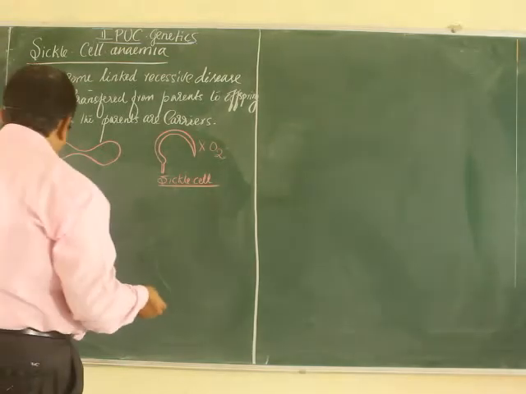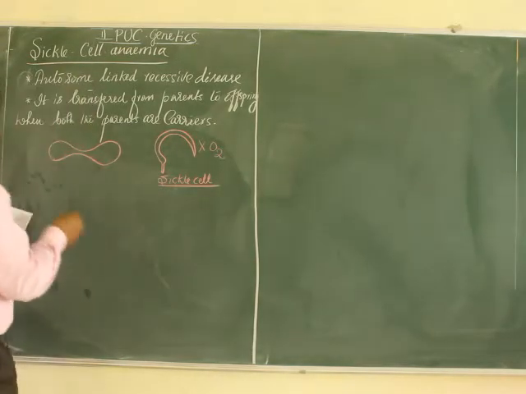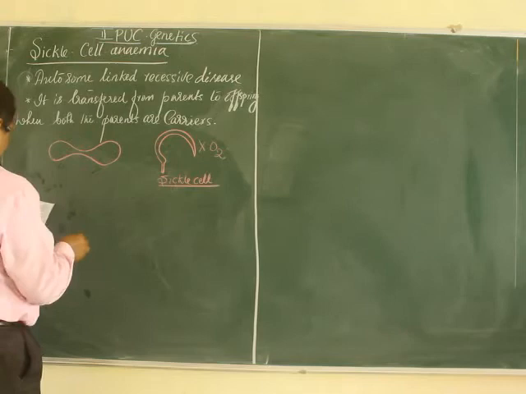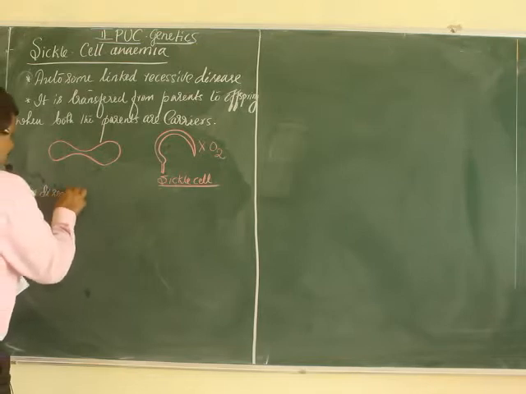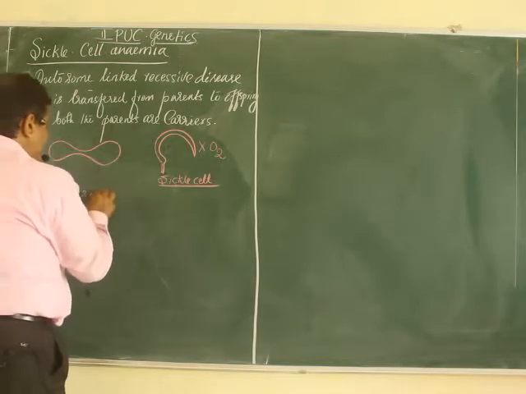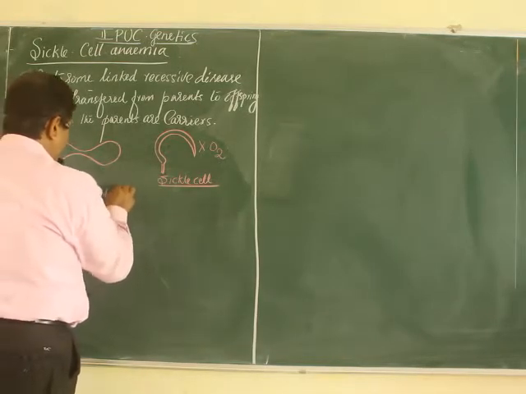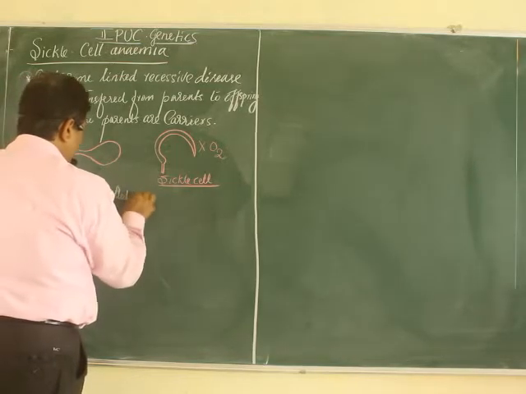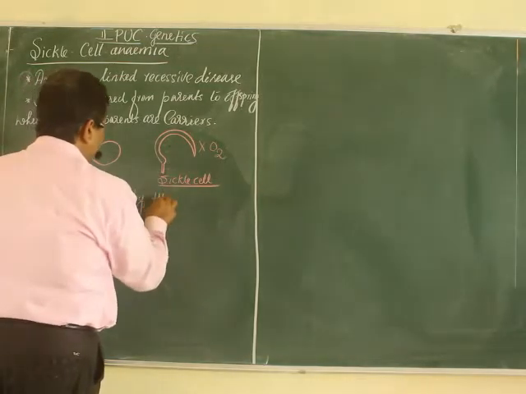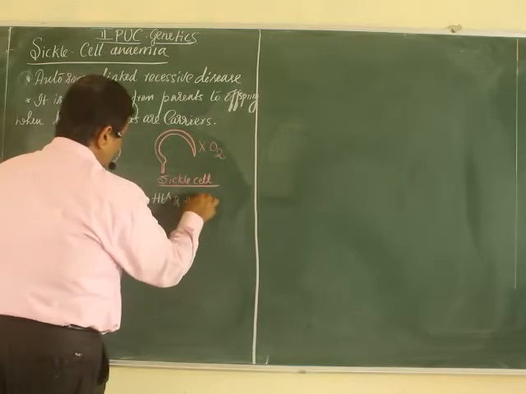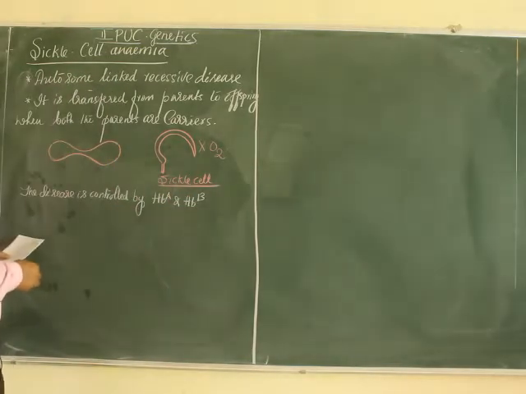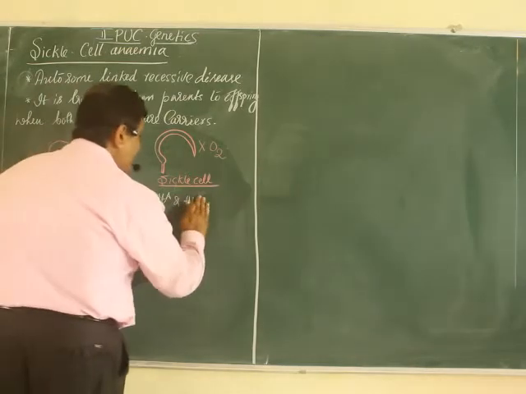The disease is controlled by a pair of alleles, HBA and HBS.